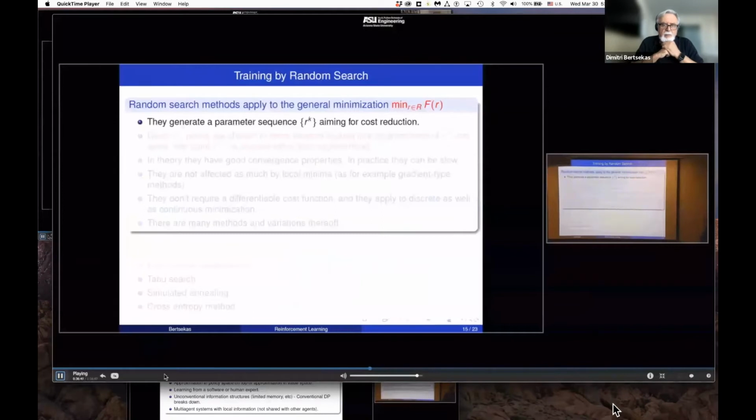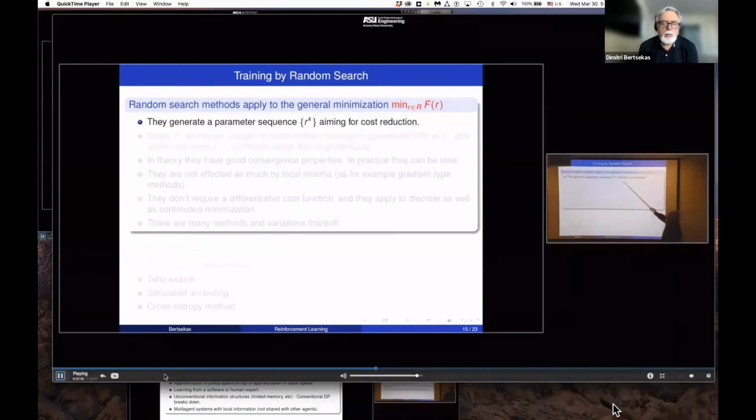So let's look at random search. Random search is quite a large and widely used methodology, and it applies to general minimization problems of this form. Minimize a cost function of R, a generic cost function, subject to R being in some constrained set. And of course, this F here may involve an expectation, or it may involve something a lot more complicated than it appears here. Random search methods are iterative.